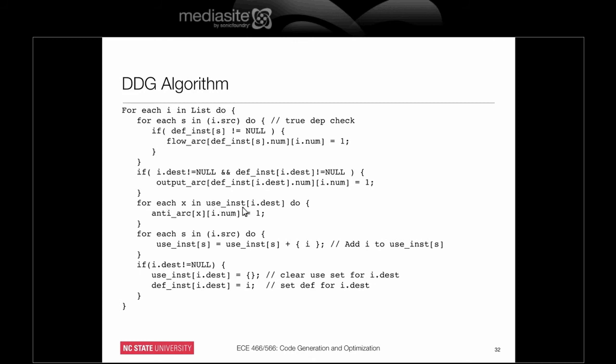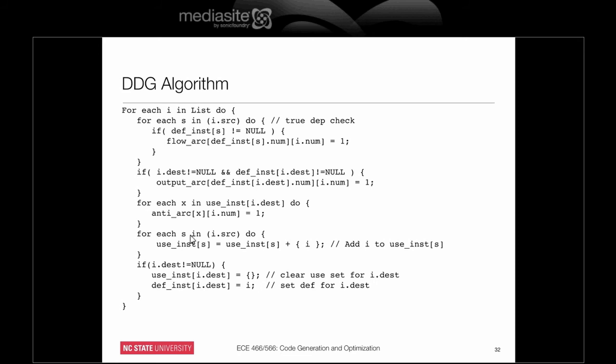And so we're going to look in the usinst list at all of the instructions that have used the current destination register. And for all of those, we set an edge from that previous instruction X to the current instruction. Okay, and that will track all our antidependencies.